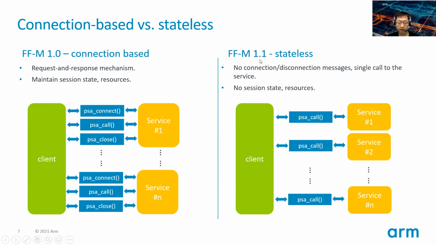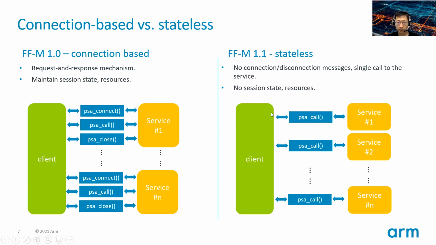But there are a lot of services that only provide standalone operations. For example, the PSA crypto API and the PSA storage API. These services do not require any non-volatile state or resources to be maintained. In FF-M 1.1, such kinds of services can be stateless.